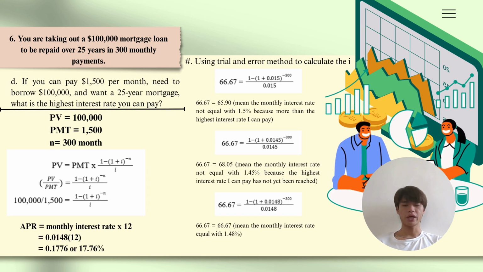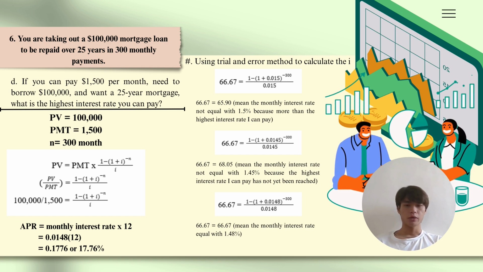D, if you can pay $1,500 per month, need to borrow $100,000 and want a 25 year mortgage, what is the highest interest rate that you can pay? So we can find the present value equals 100,000, payment equals 1,500, and n equals 300 months.